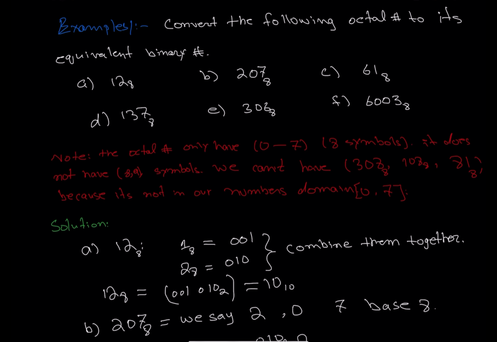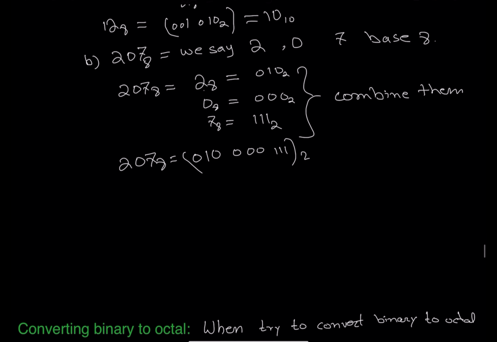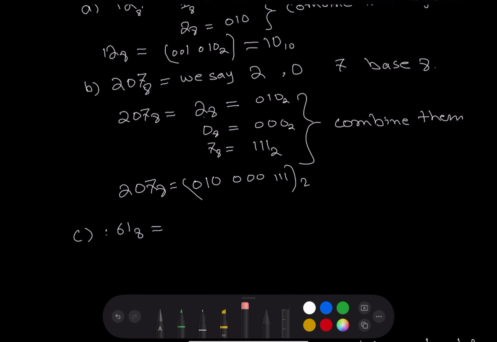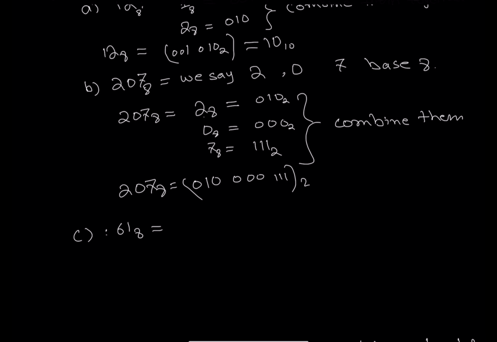So now number 3 is 61. I will do example C. So 61 base 8. We know that each digit has to be converted to its binary representation. So 6 base 8 is equal to 110, and 1 base 8 is equal to 001.